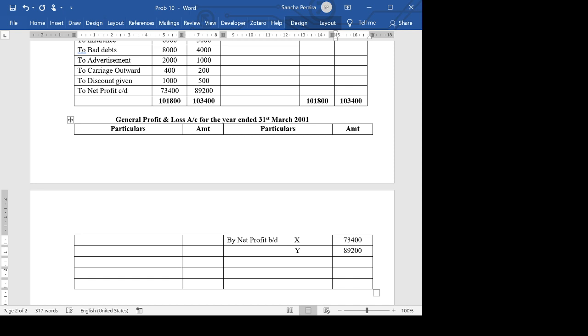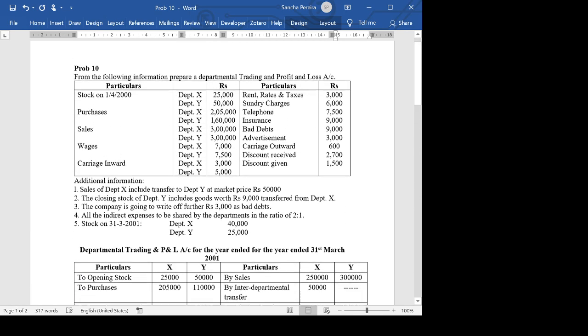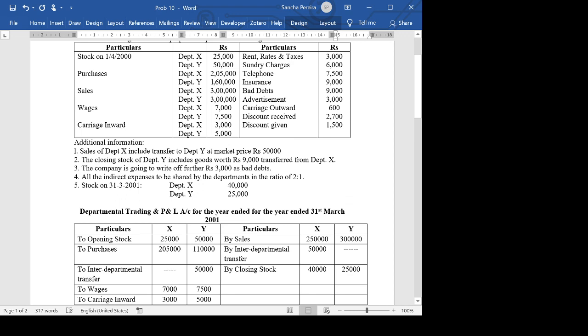Okay. Now we are not done with the problem. We have to do one very important thing, that is calculation of stock reserve. So let's just go back to the problem. Remember, I've done two problems already like this. They have told us sales of department X include transfer to department Y at market price rupees 50,000. So it's established that X is transferring goods to Y at market price.